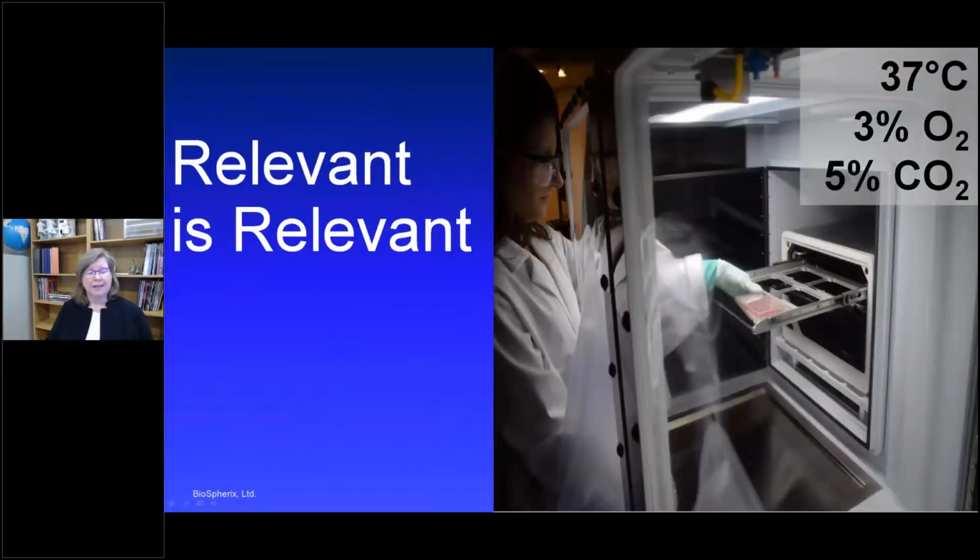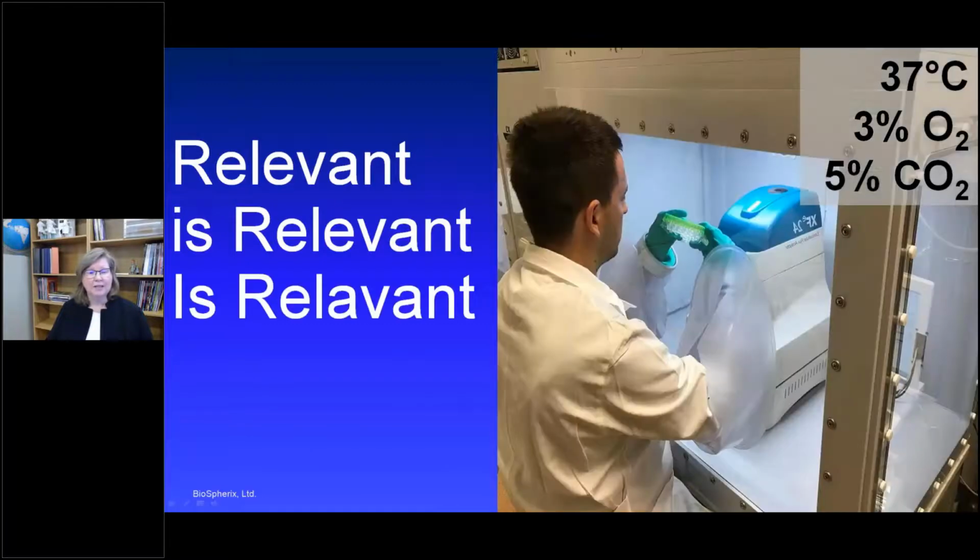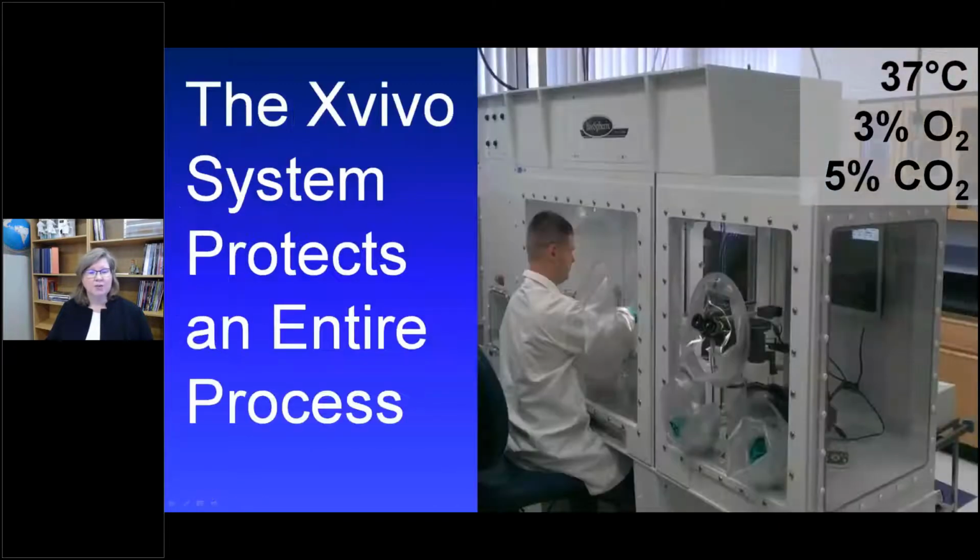You can have analysis equipment like the IncuCyte, the Seahorse, but more broadly, with all this equipment, we can combine into a perfect environment so that when the cells first come into the lab, they go straight into the Xvivo system, and the Xvivo system will protect them across the entire process, start to finish, so that no matter what the cells need, it can be inside the cytocentric environment.